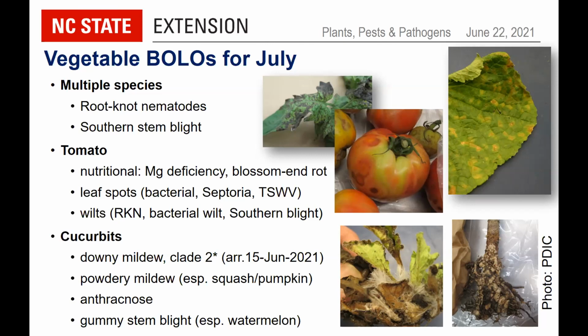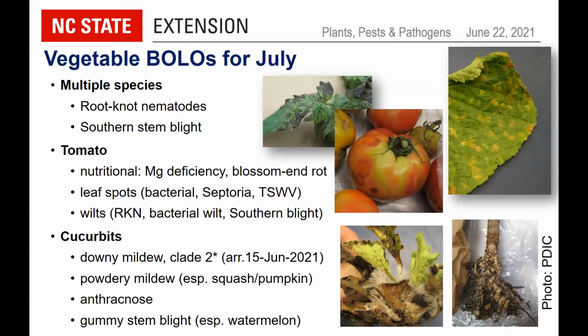As before, leaf spots on tomato, we get some bacterial leaf spots, some Septoria, some tomato spotted wilt virus, which is that upper left photo we showed last time, but now I've added the photo of the tomato with the nice ring spots on the fruit, which is another indication that you have tomato spotted wilt virus. Wilting tomatoes, not only your root knot and your southern blight, but the possibility that bacterial wilt is there in the soil and has affected the plants is something that you have to consider.